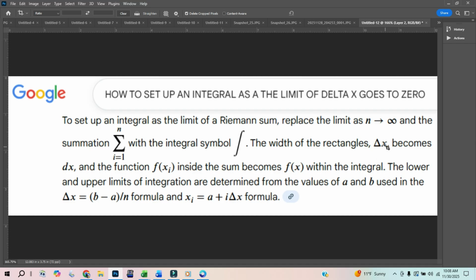I should probably start doing that, because my n would be that number. My change in x is going to be 1 minus 0 divided by that huge number. So I have that large number of slices, and my change in x between an interval of 0 to 1 is going to be just 1 divided by that huge number. So, cool.